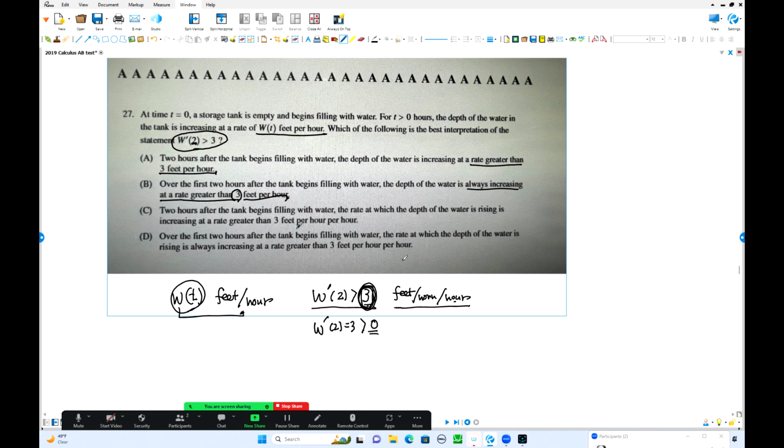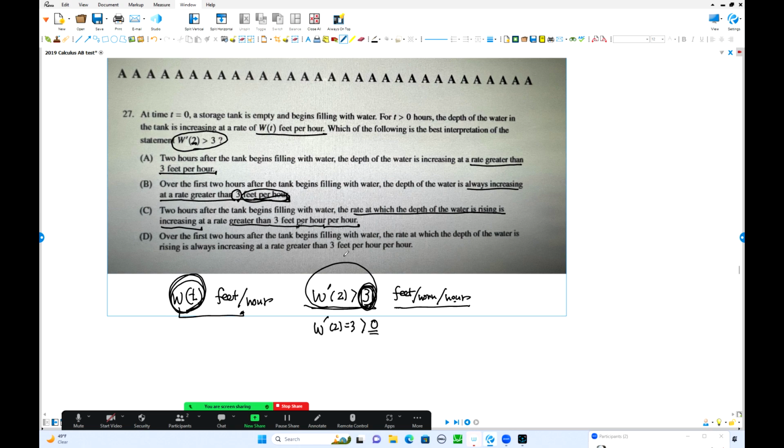2 hours after the tank begins filling with water, the rate of depth is rising, increasing. That is a positive increase, but the rate is 3 feet per hour per hour. That is the correct one. This one is not, the unit is a different one, okay? Feet per hour is this unit, but we are talking about these numbers.